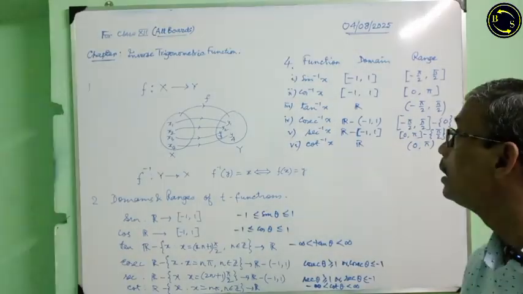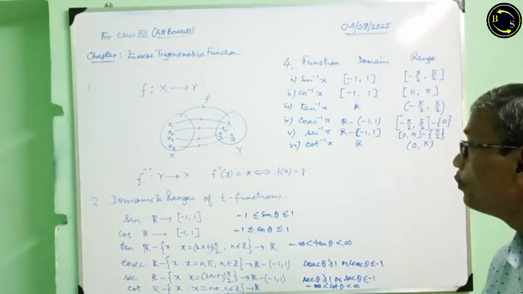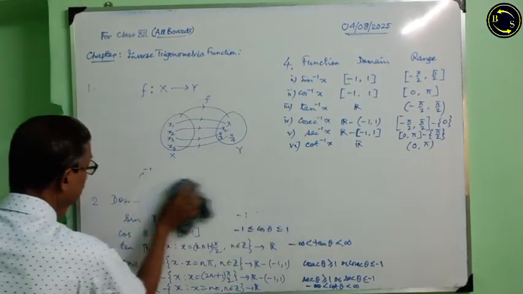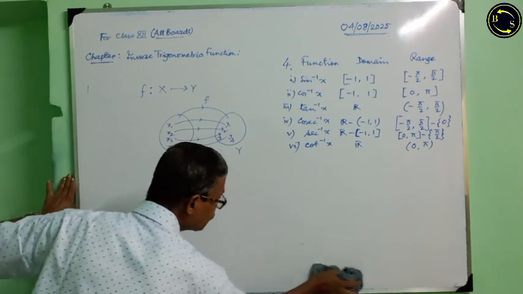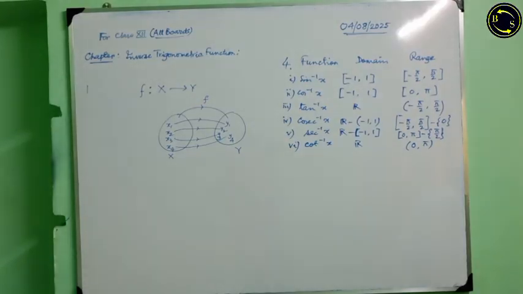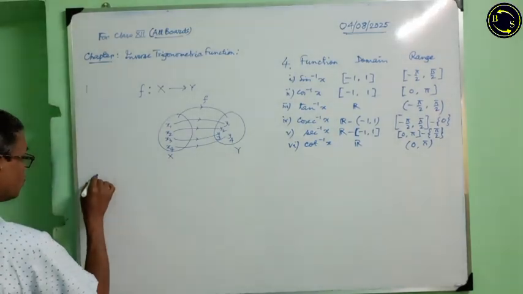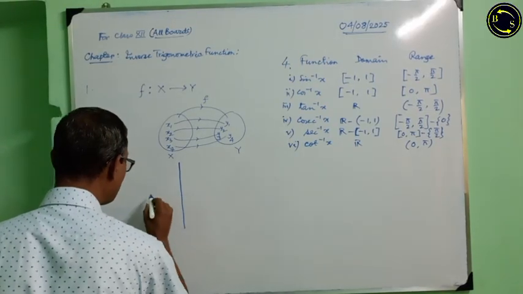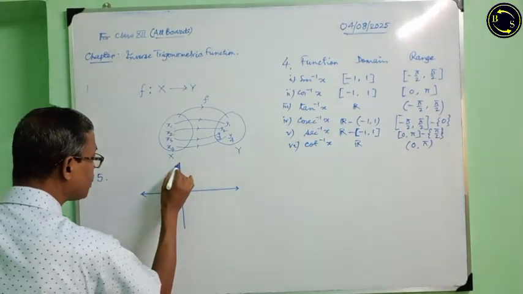In the general domain, that is set of reals, if we impose the restriction or condition on the domains and range, actually to understand that, we have to draw the graph of different trigonometric functions.